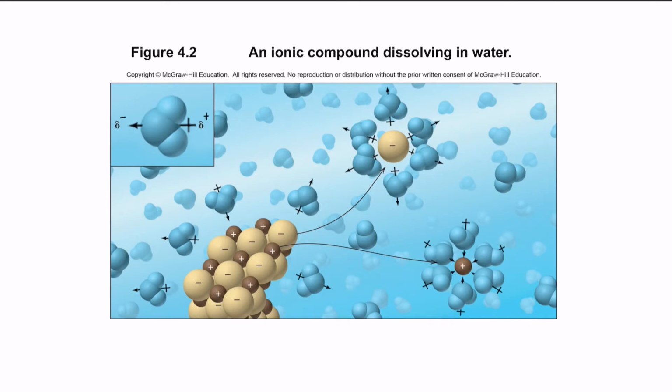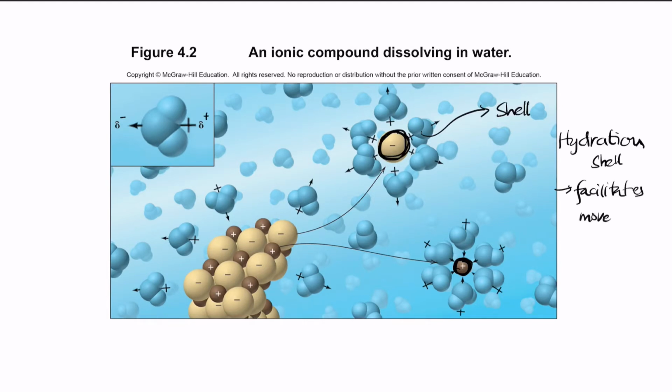All the partial negative charges will surround the positively charged ion, and all the partial positive charges will surround the negatively charged ion, causing it to form a shell, and this shell is called the hydration shell, and it facilitates movement in water.